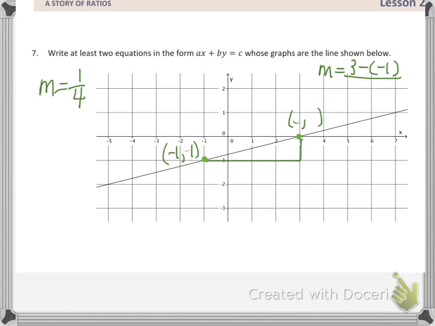Just write the coordinates of a point wrong and you'd be in big trouble. So this is the point 3, 0, not 0, 3. So let's try this again.